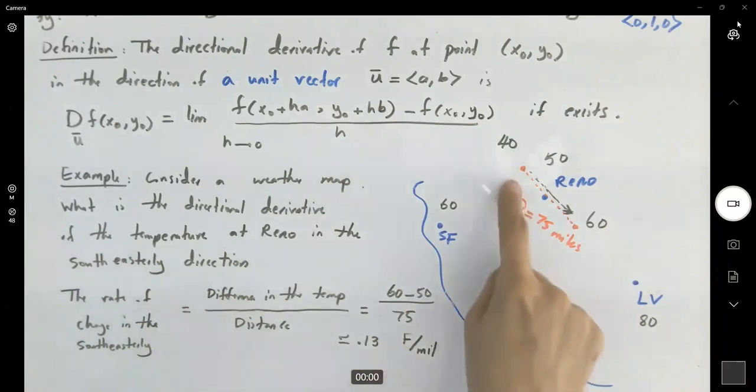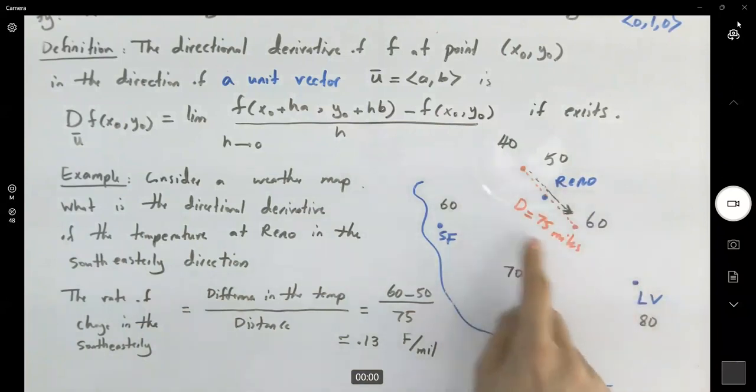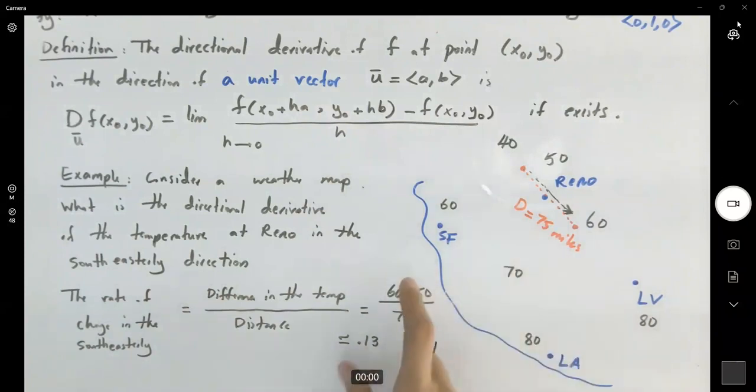But since it's southeasterly, 50, 60, and with the supposedly given distance, 75 miles, I can find the rate of change of the temperature, which is 0.13 Fahrenheit per mile. That's the application of directional derivative, but eventually we're not going to use the limit definition. We're going to switch and use the partial derivatives to help us calculate the directional derivative.